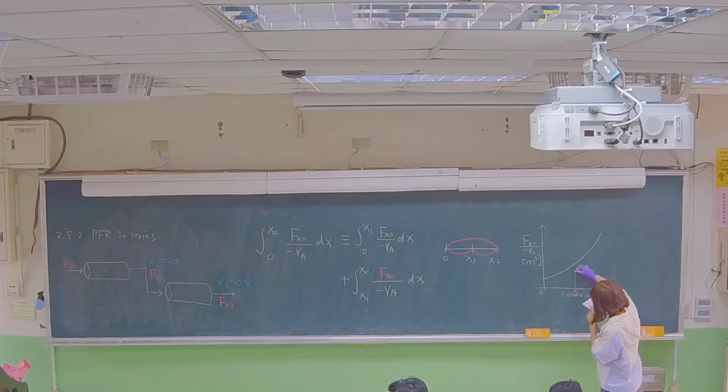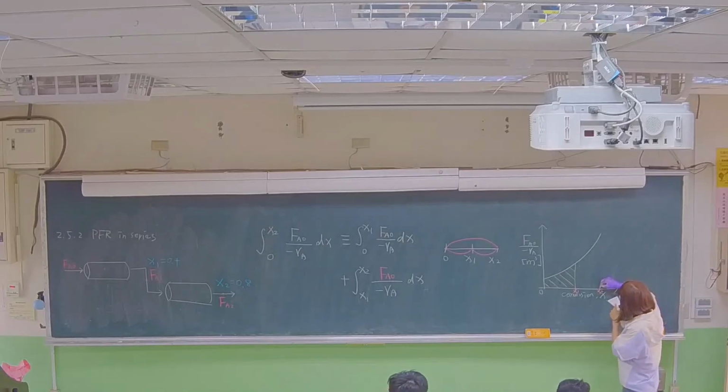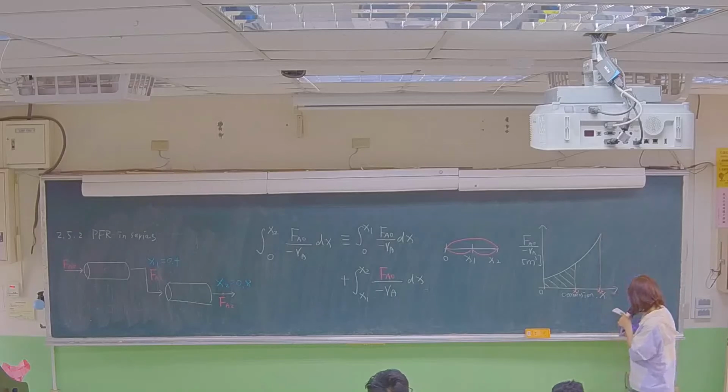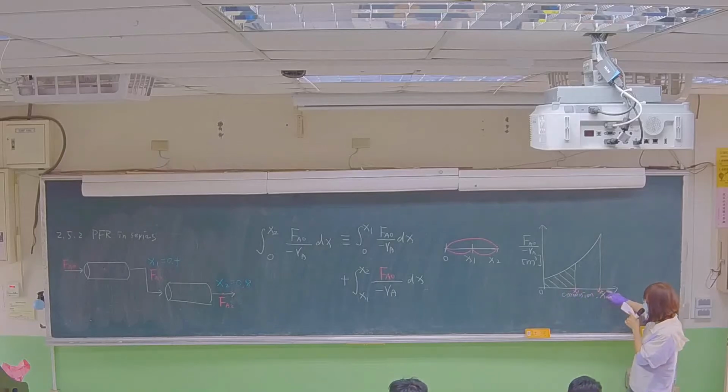For the first reactor, this area is the same as the volume of reactor 1, right? What is the total volume? If we only talk about conversion equal to X2, I mean you combine two PFRs in series, the final conversion is X2.